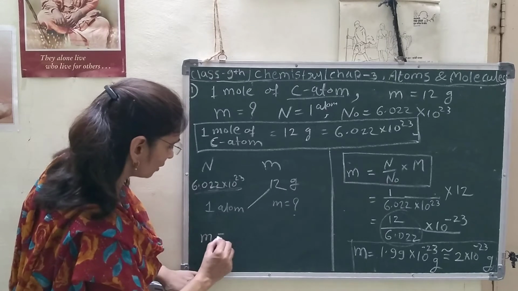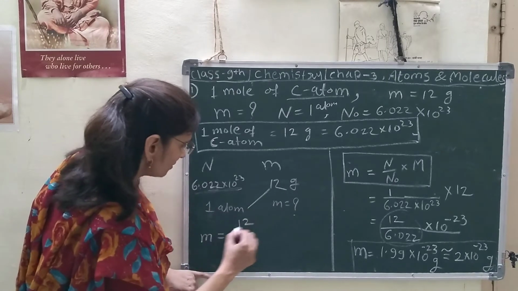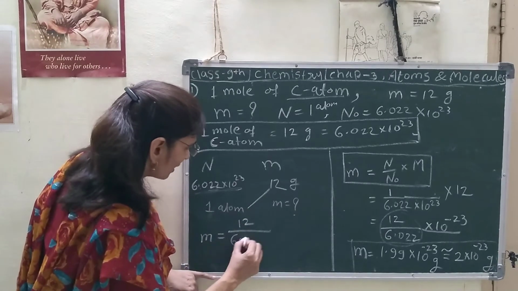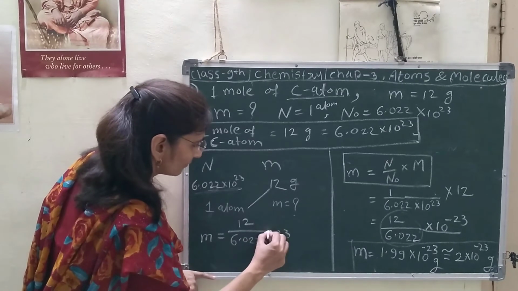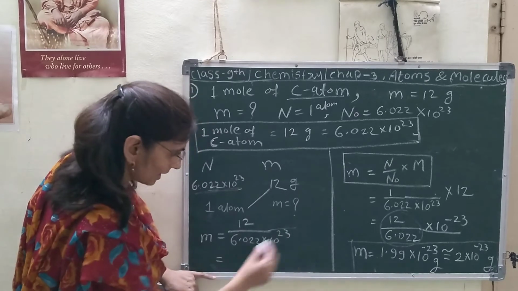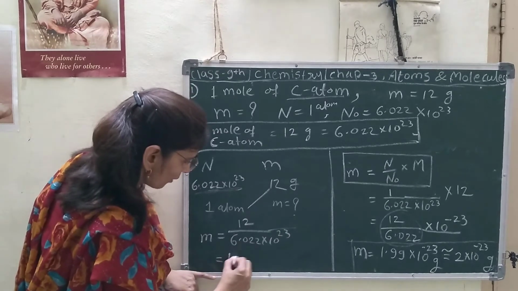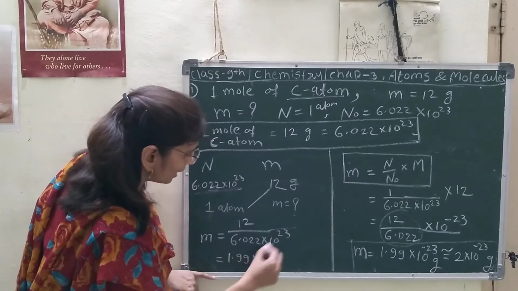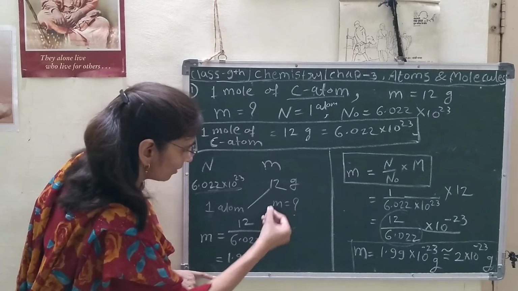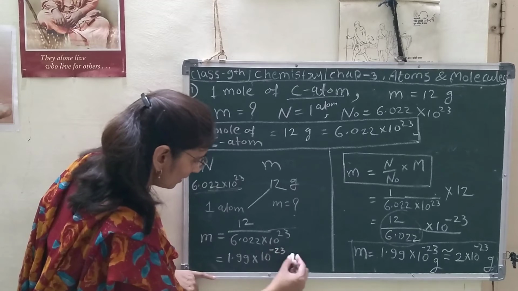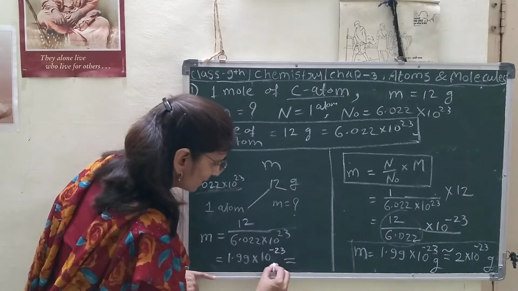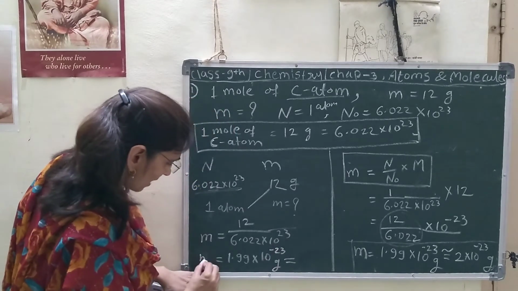So M is equal to 12 upon 6.022 into 10 to the power 23. The same answer we will get here, 1.99 into 10 to the power minus 23. I have taken it at the numerator, that's why minus 23. This is approximate, and this is in gram, as it is the mass of 1 atom.